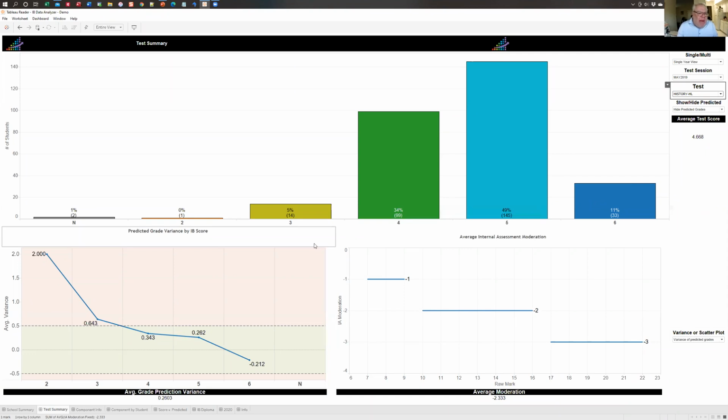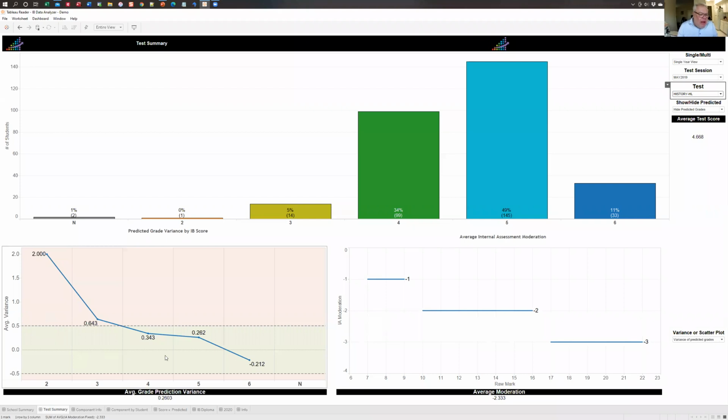What I want to talk about is this graph down here. Across the bottom, you're going to see the average predicted grade. You're going to see the predicted grade or the exam score 6, 5, 4, 3, 2, and then the variance that occurred in those predicted grades.